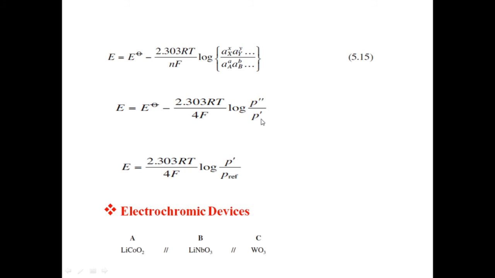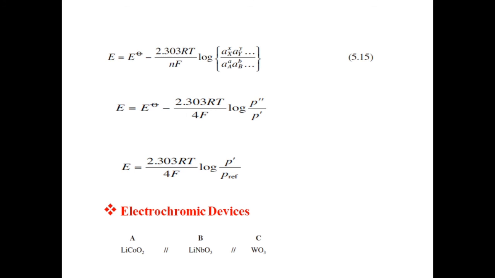In this particular case, E0 is actually 0 because under standard conditions, the pressure of the oxygen on each side would be 1 atmosphere and there would be no net potential difference. The pressure of the oxygen on one side of the cell, for instance P double dash, is a known reference pressure, usually either pure oxygen at 1 atmosphere or atmospheric oxygen pressure, nearly equal to 0.21 atmosphere.